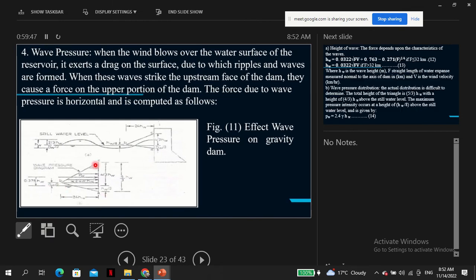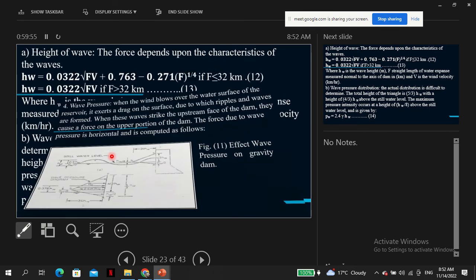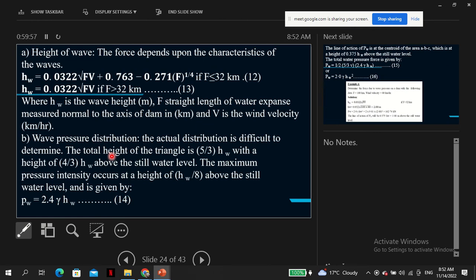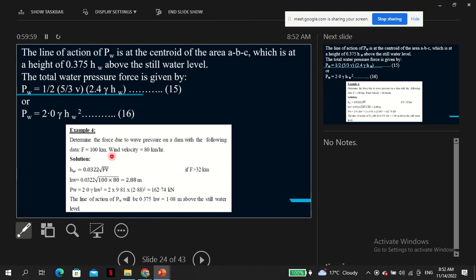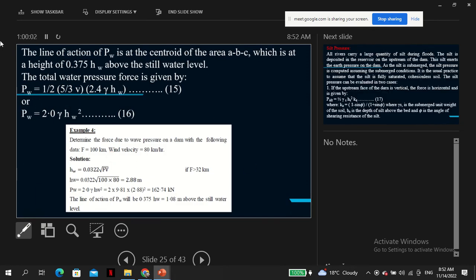If you want to understand this part, you have to refer to the diagram so that it makes things clearer to you. That is at about 0.375 HW above the still water level, and the total water pressure force is given by these expressions.